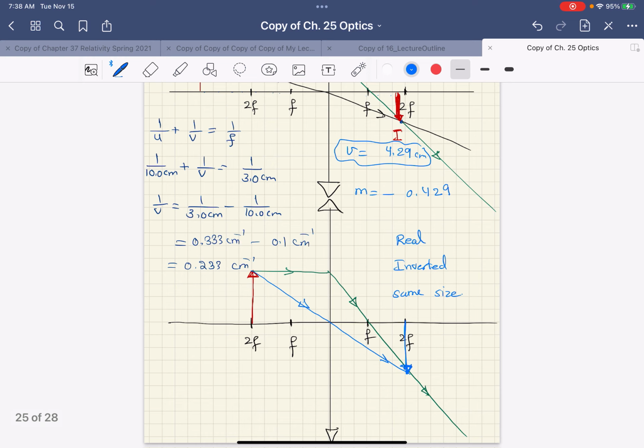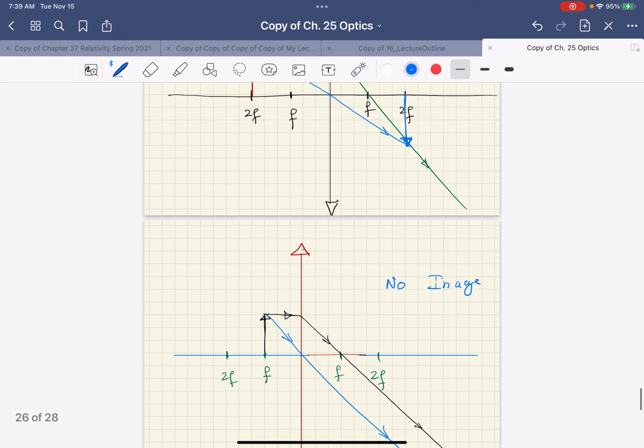This is the case when we have the object at 2F, which is double the focal length, and you can see that the image is going to start increasing in size. Then it is real, inverted, same size.